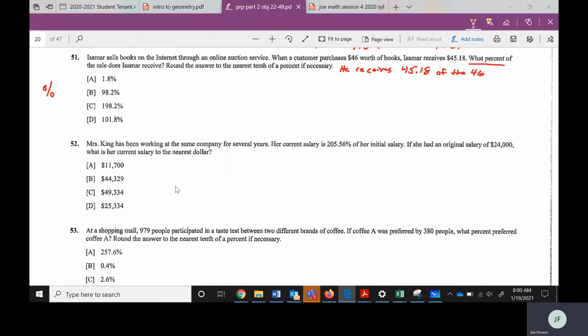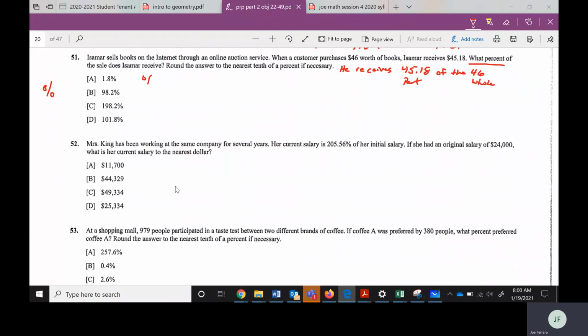Okay, so if we write it like that, after the word of is 46, so that's the whole, and this is the part. Now, a lot of times the part is smaller than the whole, but not always.